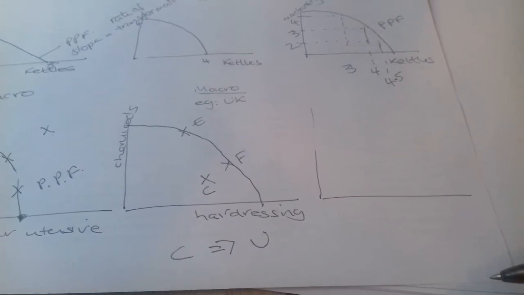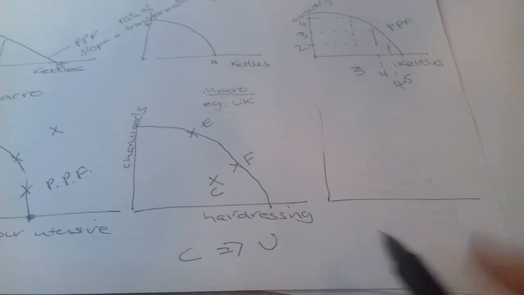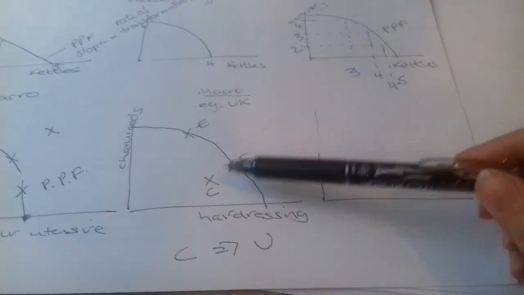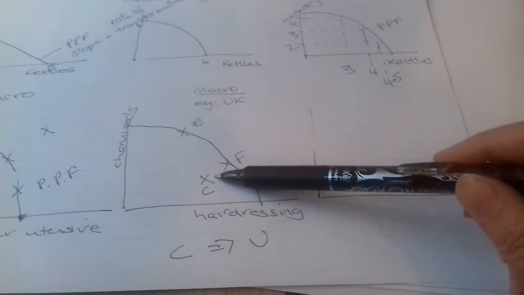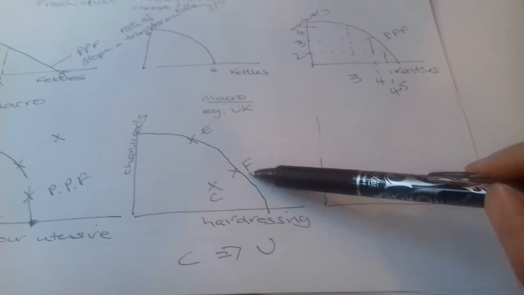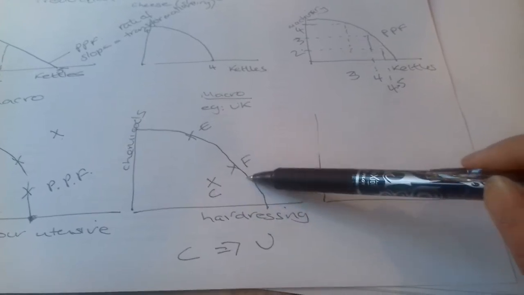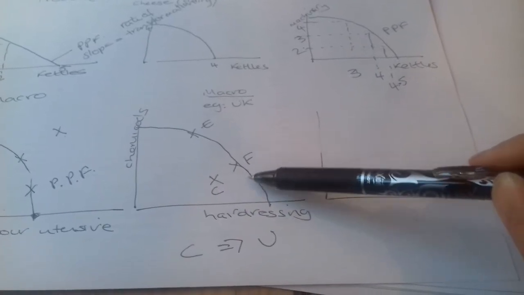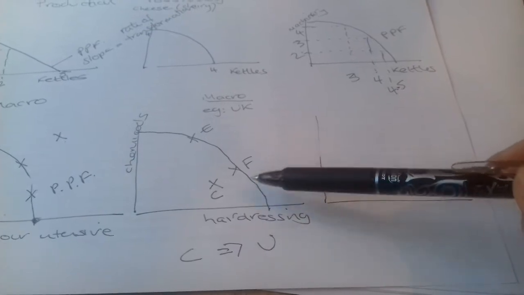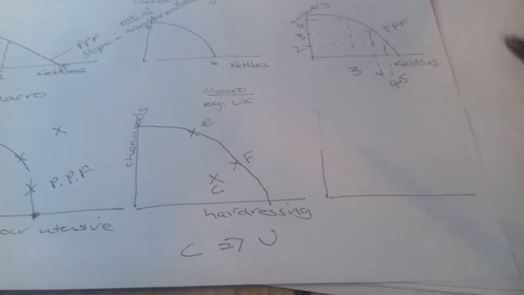So if we wanted to use this diagram to talk about supply and demand side policies, then we could say that C represents an equilibrium in an economy with unemployment. And in order to reach the production possibility frontier again, in order to use up all of the resources which are available, whether it's equipment, land, capital or labour, we need demand side policies.